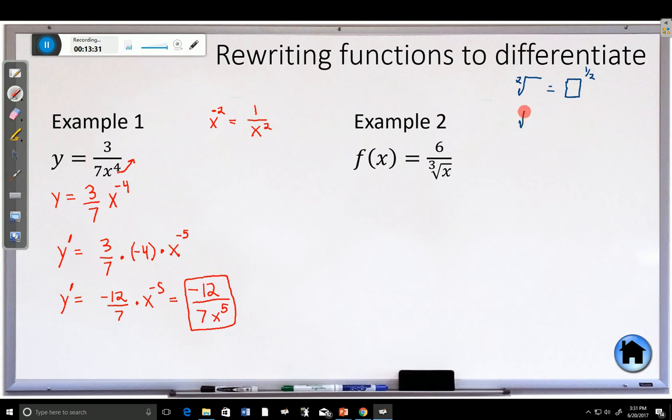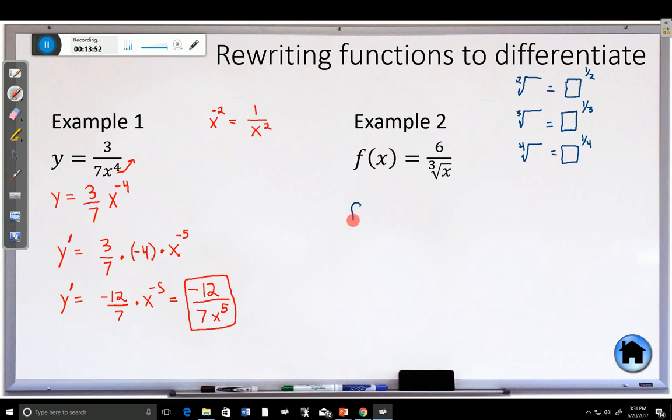A cube root is the same as taking something to a 1/3 power. A 4th root is the same as taking something to a 1/4 power, and I'll let you continue that pattern on as long as you like.